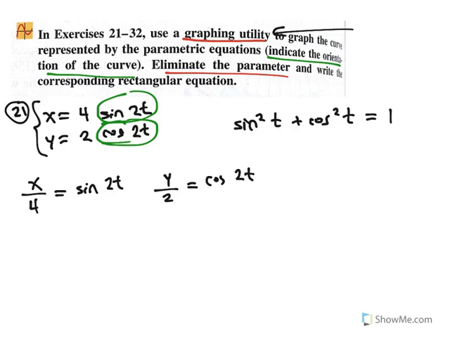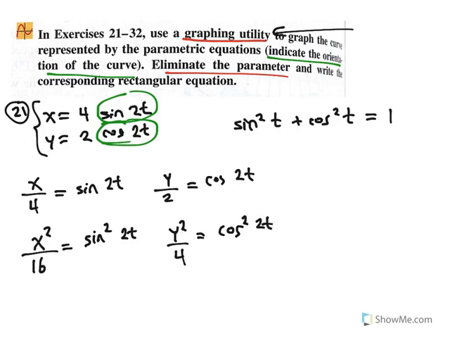Now we're ready to square both sides of each equation. For the first equation, when you square the right side, you get sine squared 2t. When you square the left side, you get x squared over 4 squared. The second equation, when you square the right side, you get cosine squared 2t. When you square the left side, you get y squared over 4.